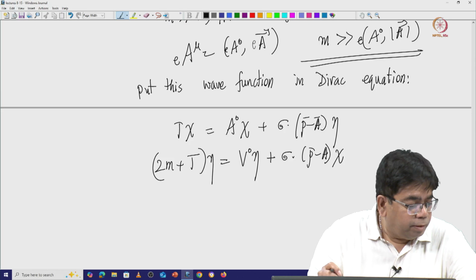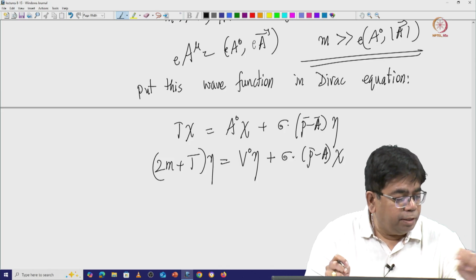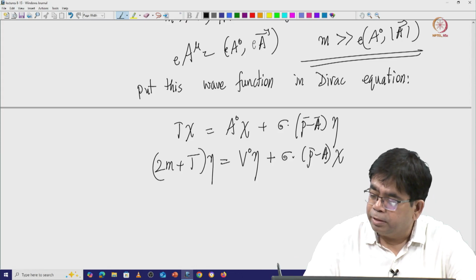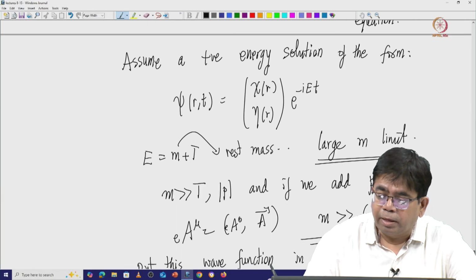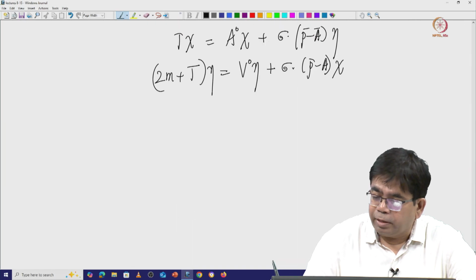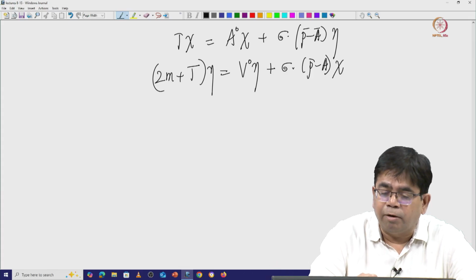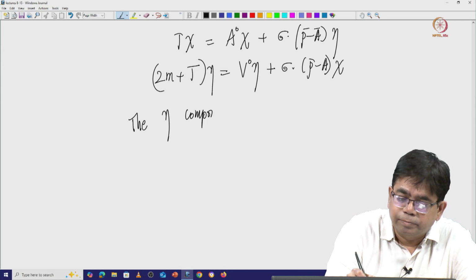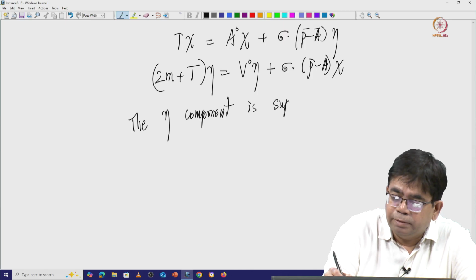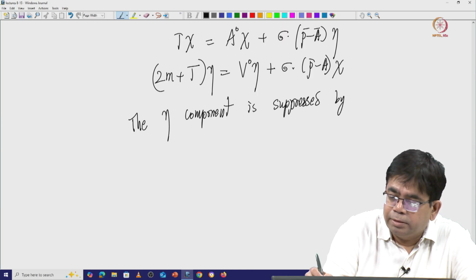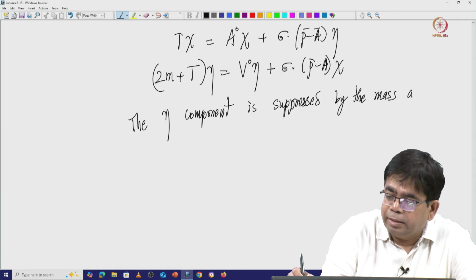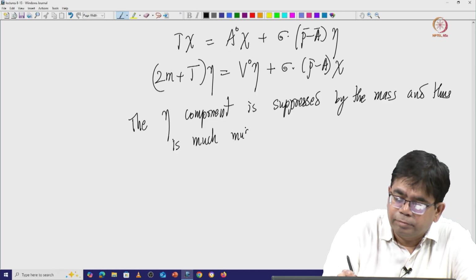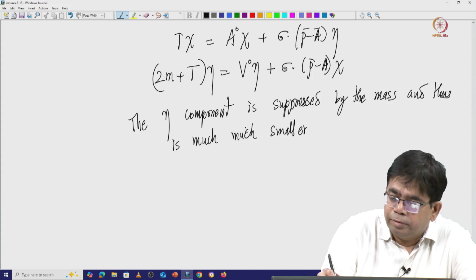Now you see that the lower components of the Dirac spinor, chi and eta, are such that in the second equation the eta component is suppressed by the mass and thus is much smaller than the chi component.